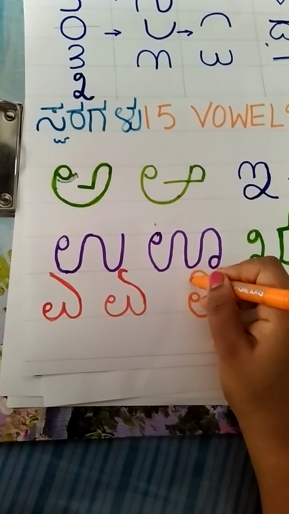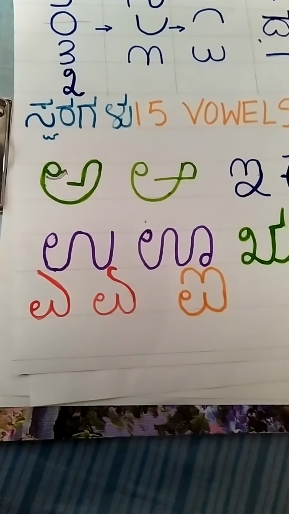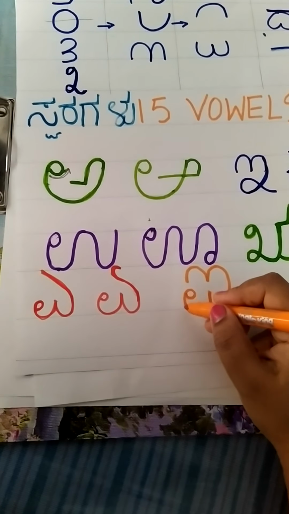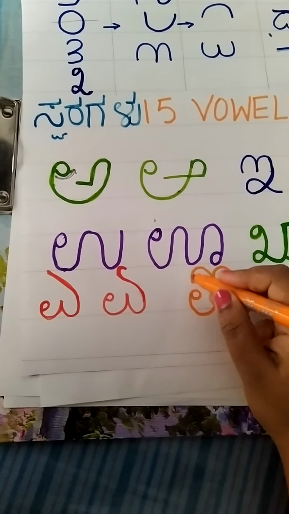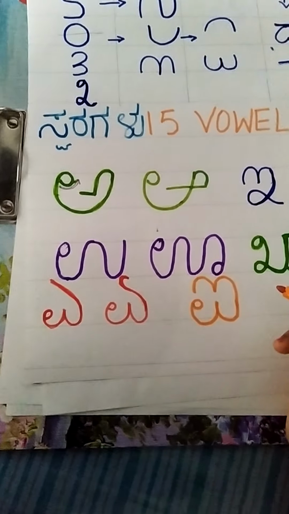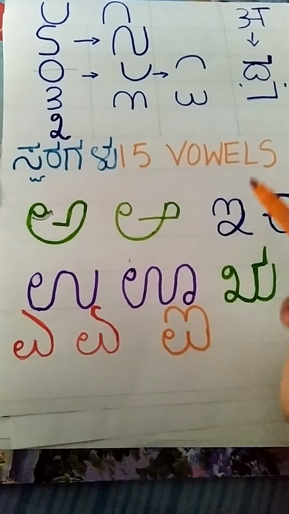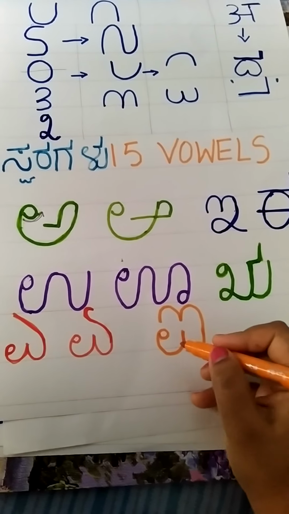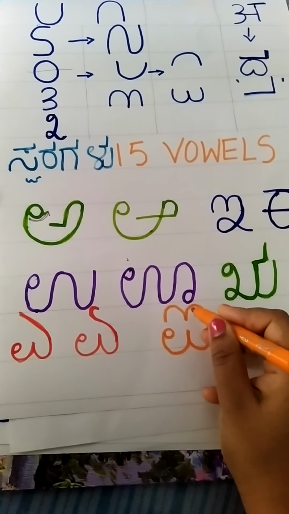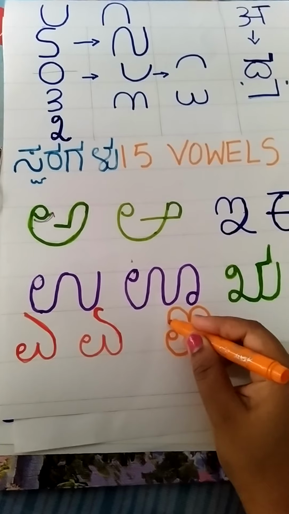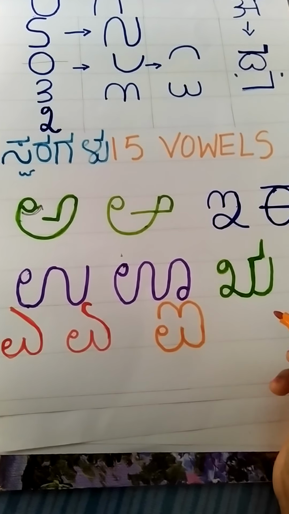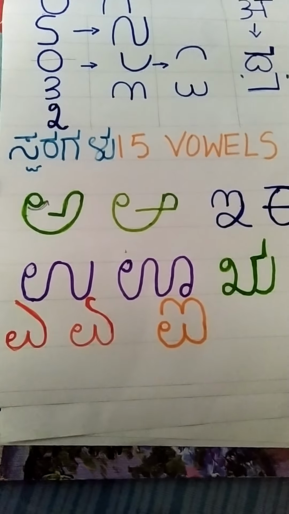Again, this is Ai. You can see 3, here one 3 and here an upside down 3, as I taught you. Same way this 3, go up, again curve.